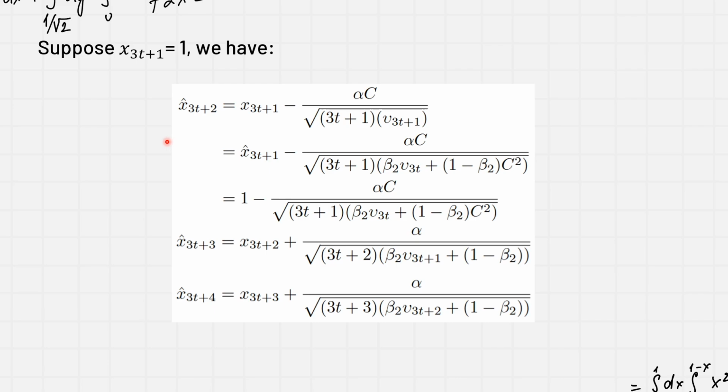In step 2, we first derive the equation from x hat_{3t+2} to x hat_{3t+4} by the update rule of the algorithm. It is just like x minus learning rate multiplied by gradient, where here alpha over root 3t plus 1 multiplied by epsilon is the learning rate, and c is the gradient of f_{3t+1}. The others follow the same pattern.